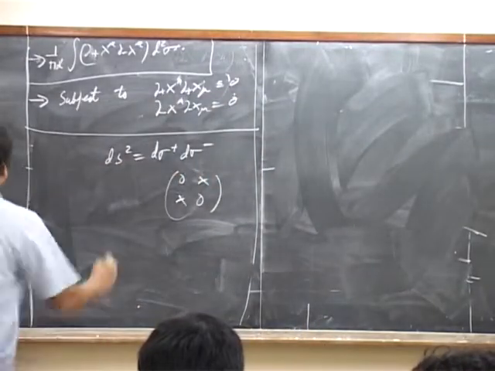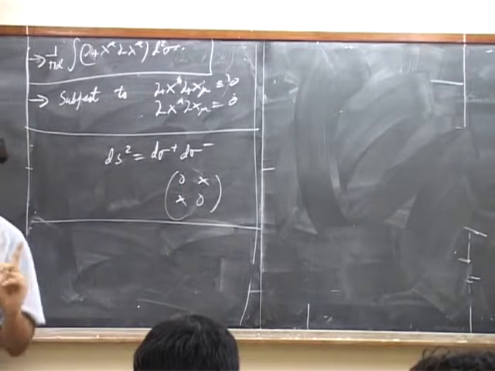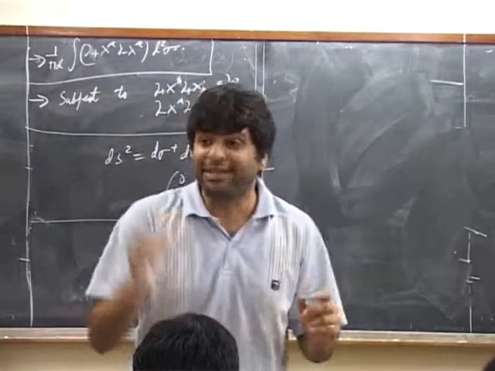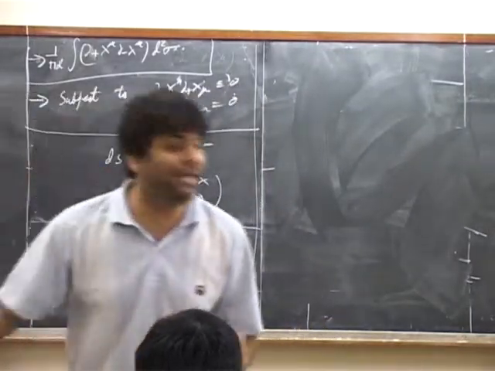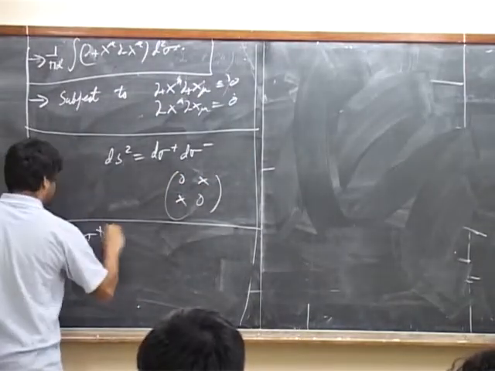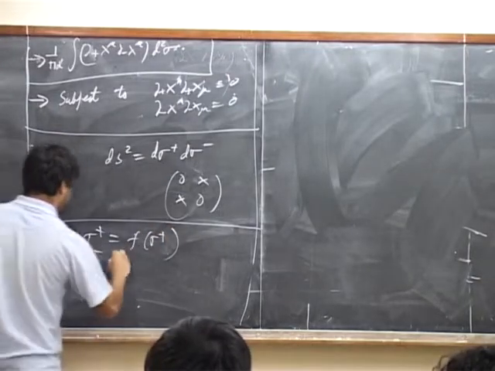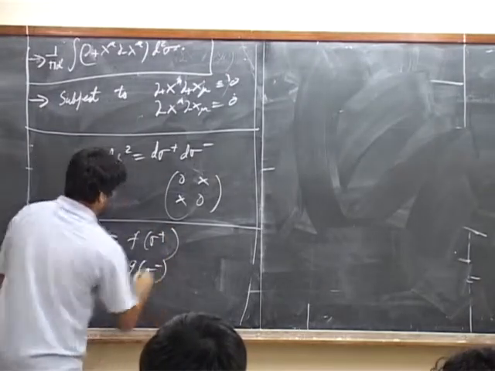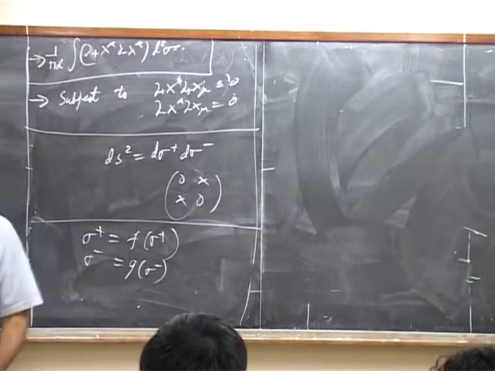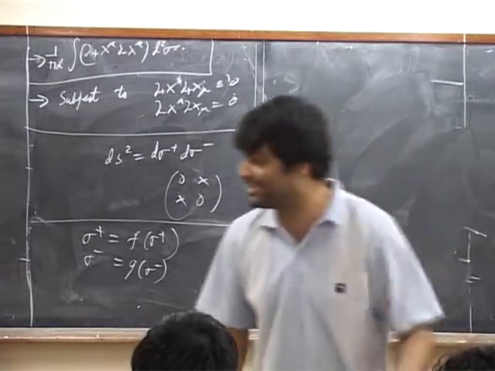So there is an important function's worth of ambiguity, a function's worth of not yet having fixed our gauge freedom completely in our problem. Sigma plus is equal to some function, let's call it f of sigma plus, and sigma minus is equal to some other function, let's call it j of sigma minus. These are functions' worth of reparameterization invariance that we have not yet fixed.